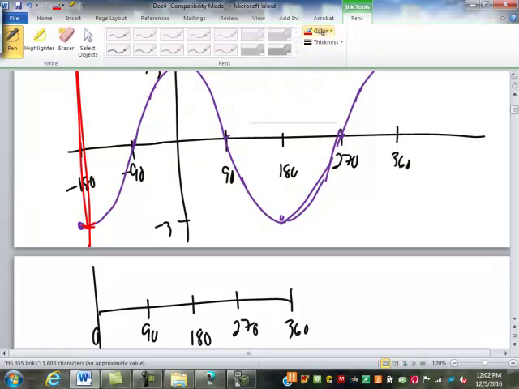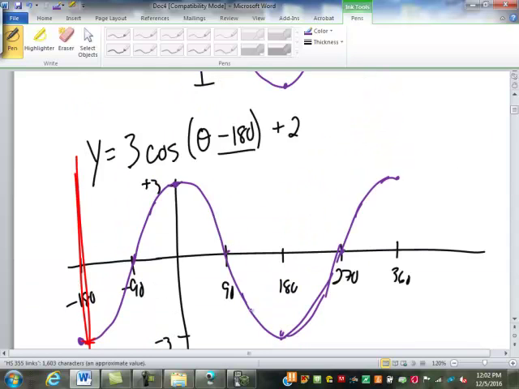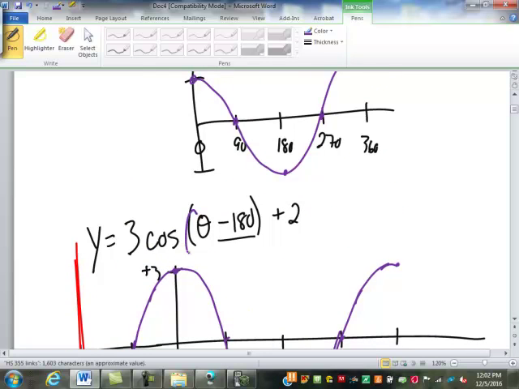So I'm starting out down here. Simple as that. So now I said I didn't put a number in front of theta because that number complicates things a bit.